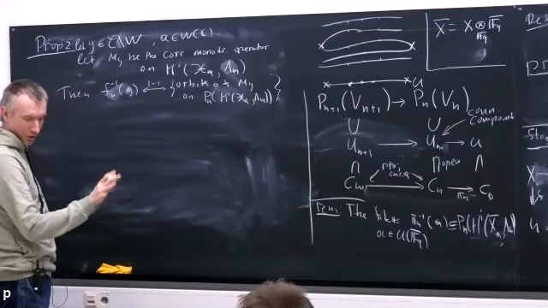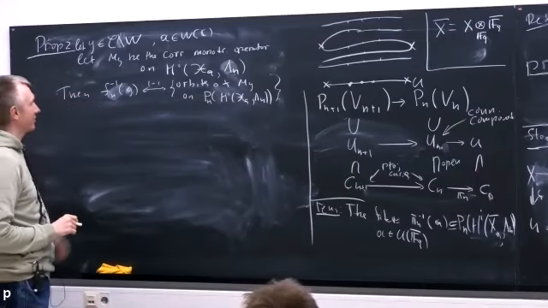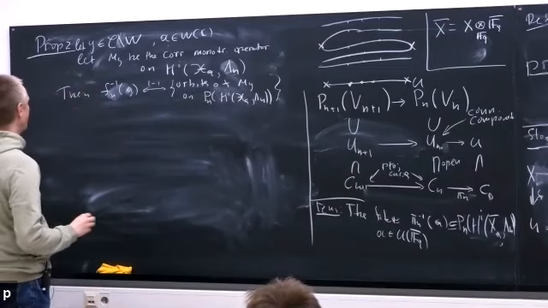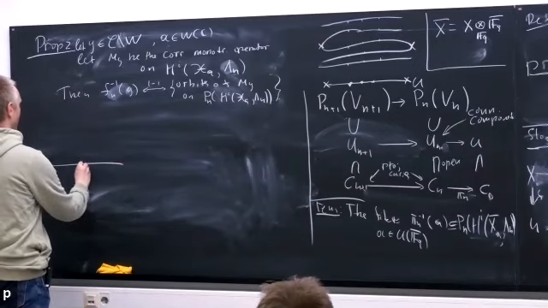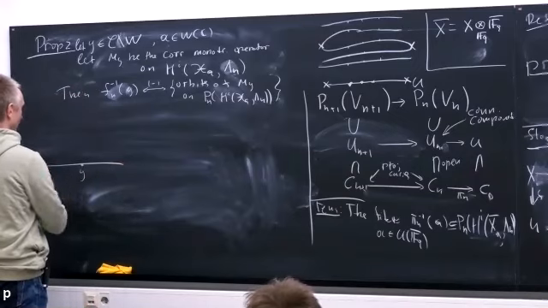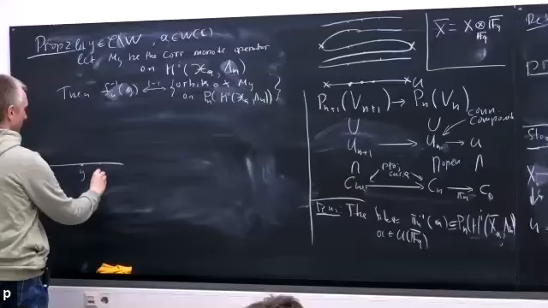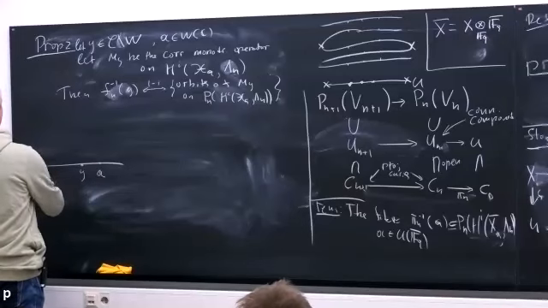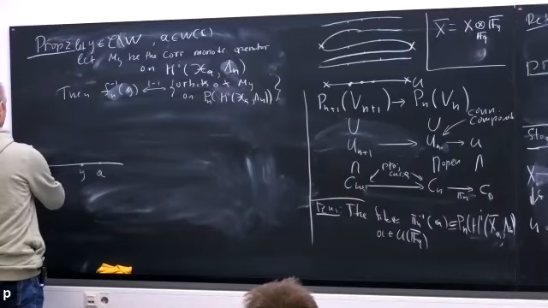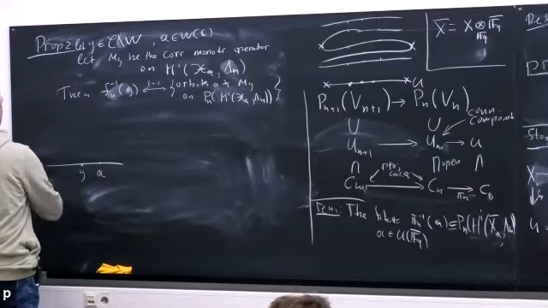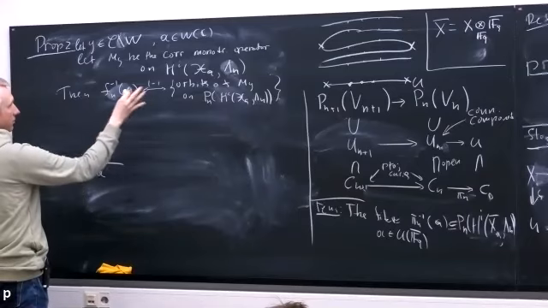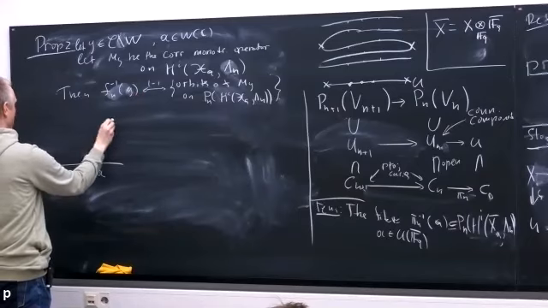So the example, I will start it right now. Let me just explain what it means. It's actually an easy thing. So here's the point y. Here we have a. This is C. And over this we have a ramification point, something like this.